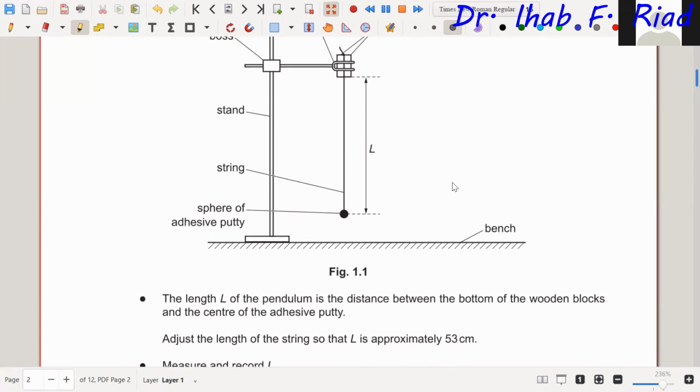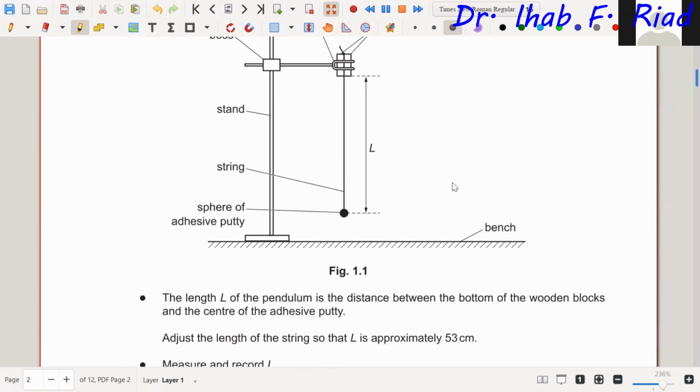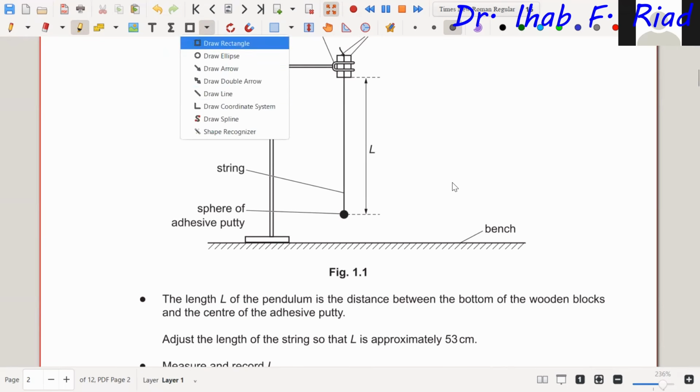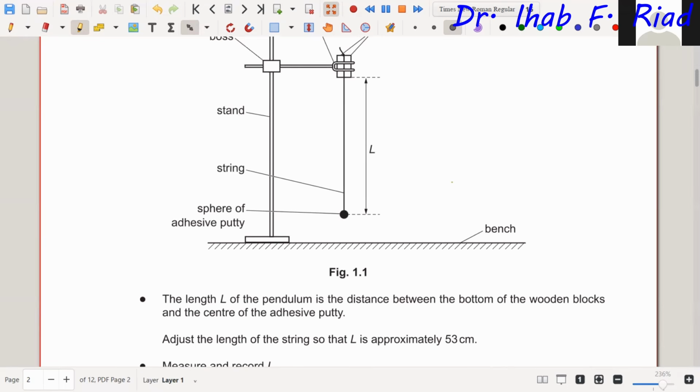He told us that the length L of the pendulum is the distance between the bottom of the wooden block and the center of the adhesive putty. So this is the length L of the pendulum.